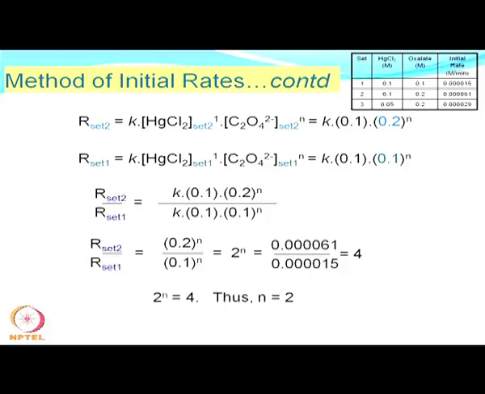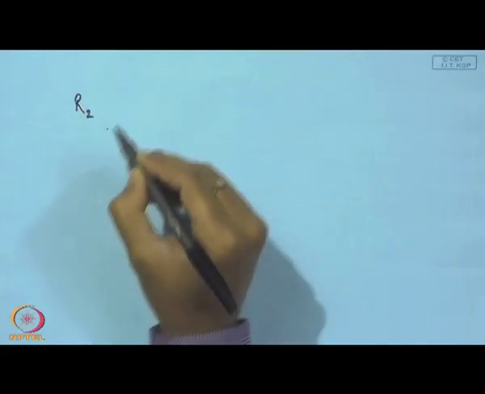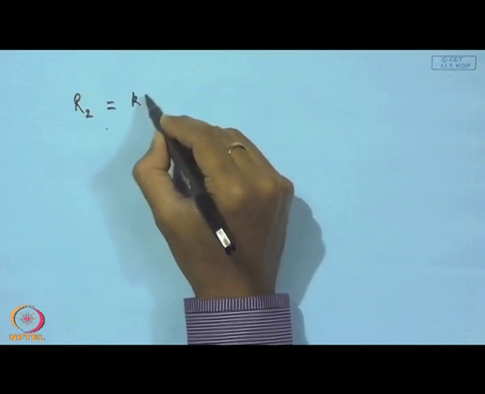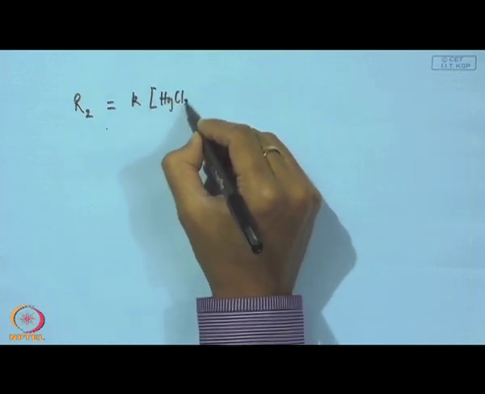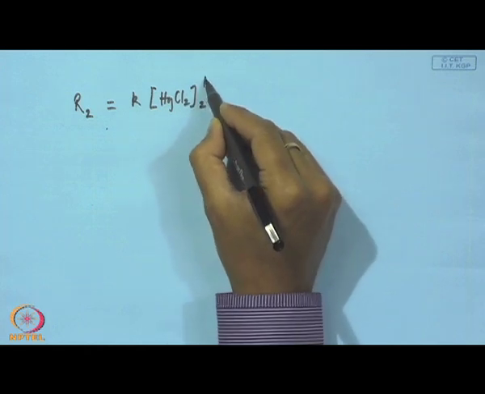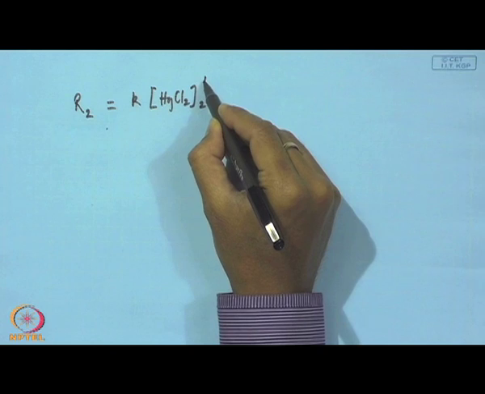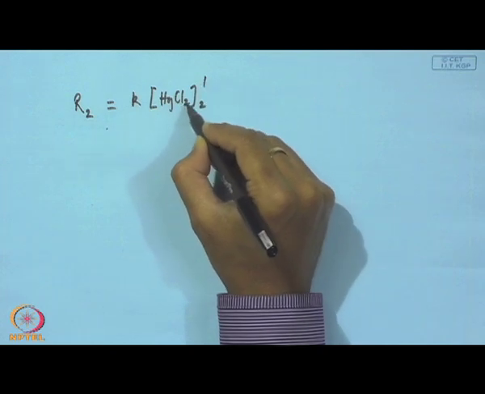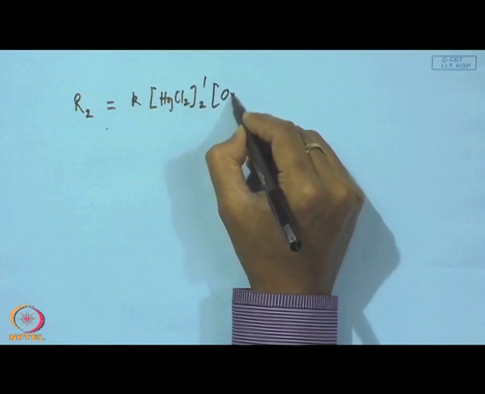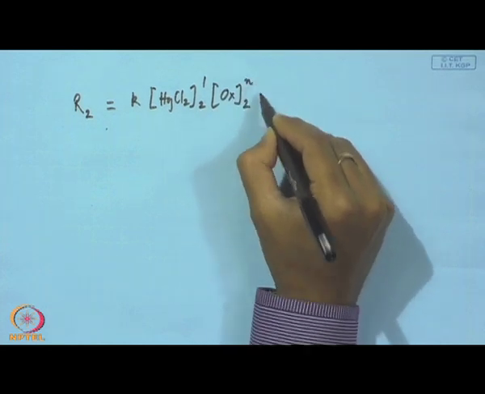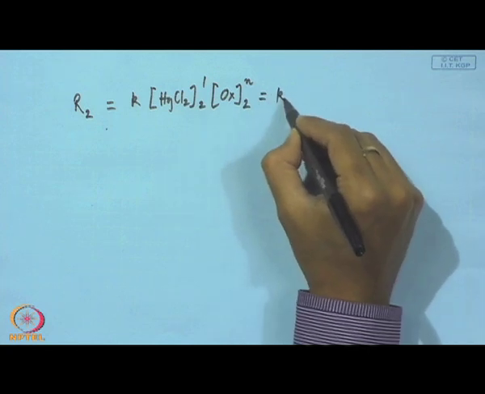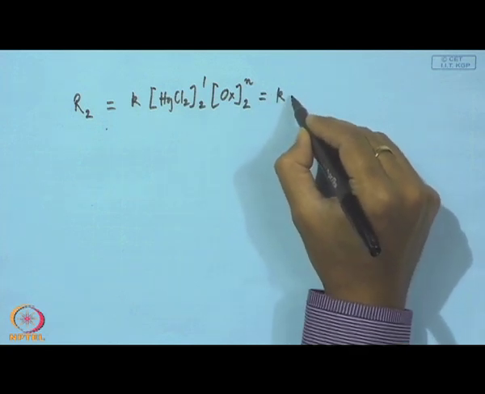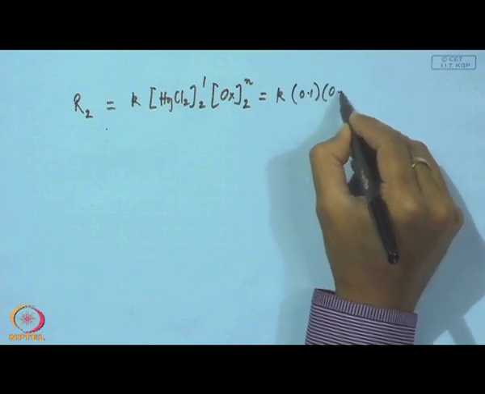Now, we have to find the order with respect to the other reactant. In that case we have to use the other two sets. R2 is equal to K, then HgCl2 set 2 to the power 1, because we have already found that it is first order with respect to HgCl2, then oxalate set 2 to the power n, which is K into 0.1 into 0.2 to the power n.